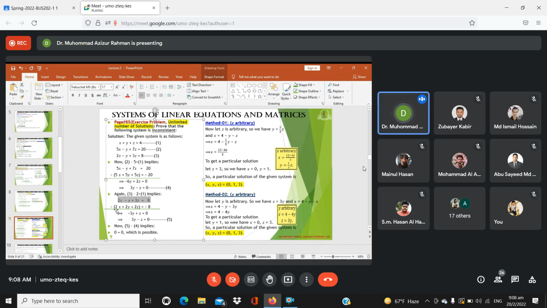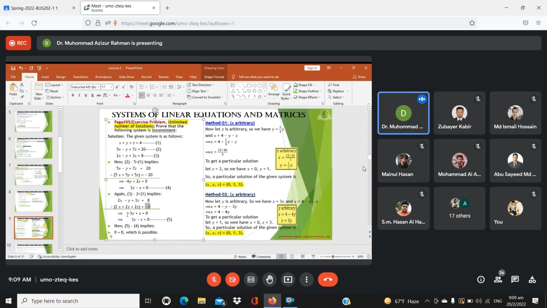So x vanishes, and we get minus y minus 2y, that is minus 3y, and here 3z minus z, that means 2z. Here 8, and here minus, it becomes 0.